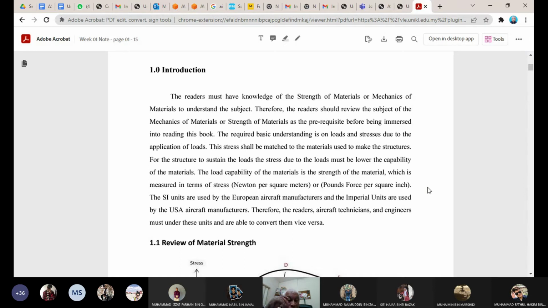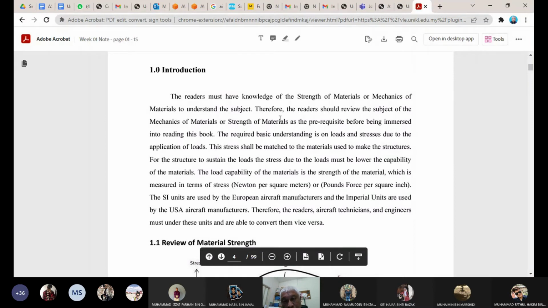So that is how important the knowledge of the previous mechanics of material is, as well as mechanics of solid, which some universities call statics and dynamics. Those are the basis. You need to be conversant and competent to understand the subject better.